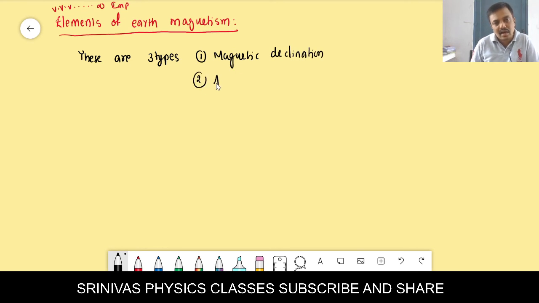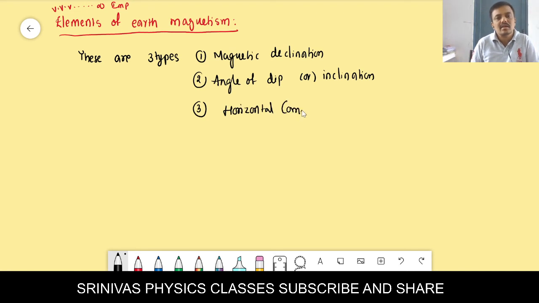Second one is the angle of dip or inclination. Third one is the horizontal component of Earth magnetic field. These are the three elements of Earth magnetic field.